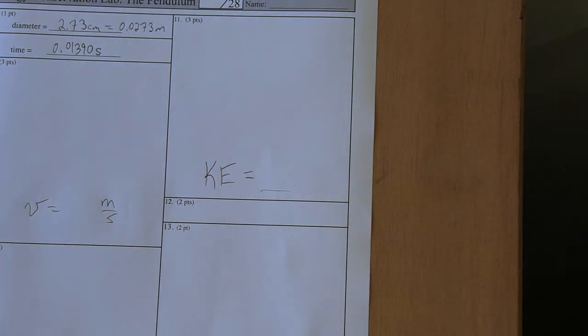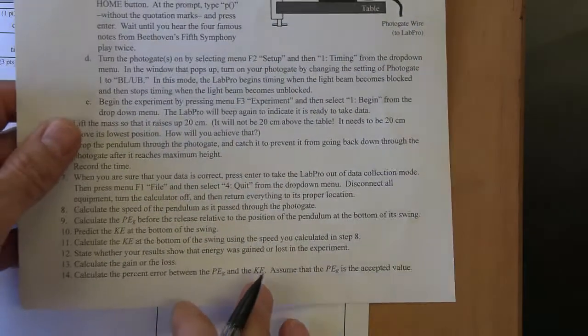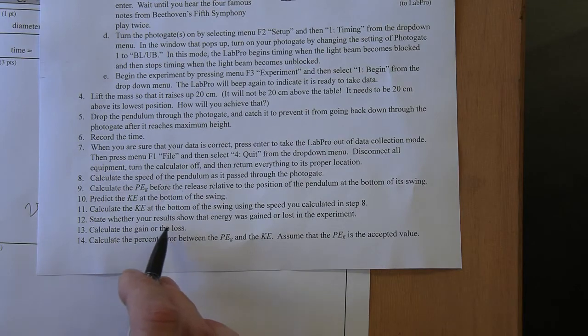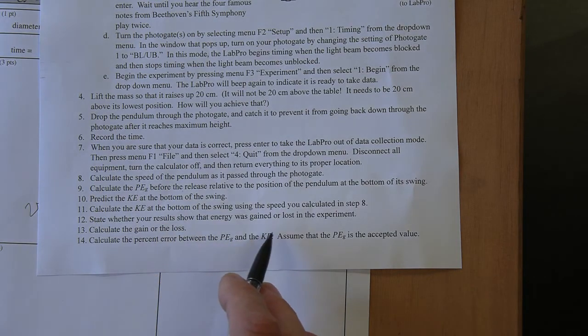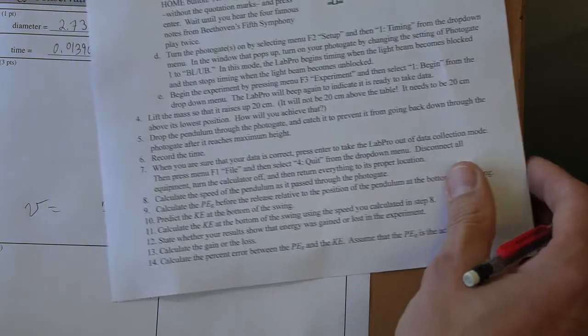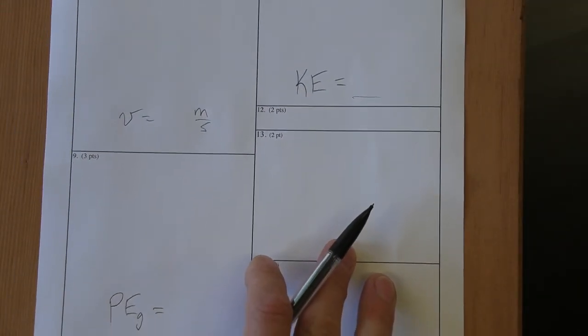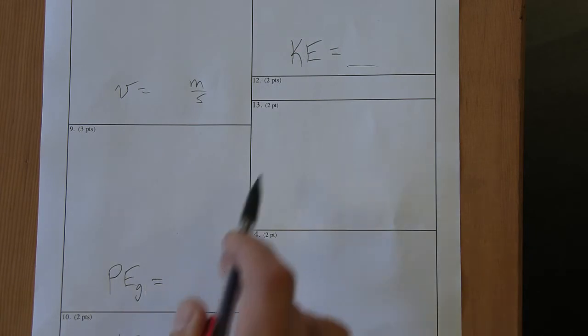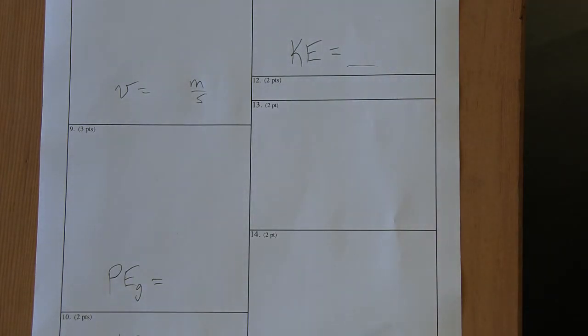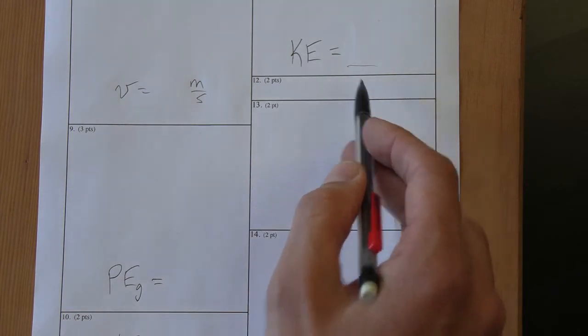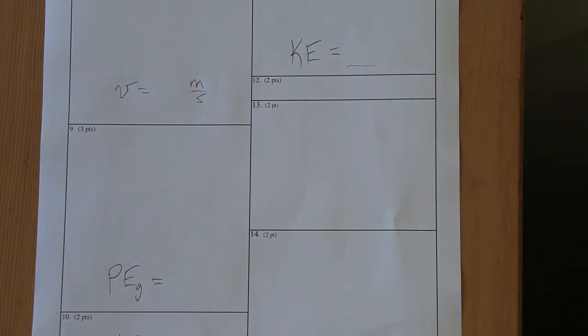Okay, so go ahead and do that now. Step 12, state whether your results show that energy was gained or lost in the experiment. How can you tell? Well, you look at energy before and energy after, and you see if energy was gained or lost. So write gained or lost right there, based on your results.